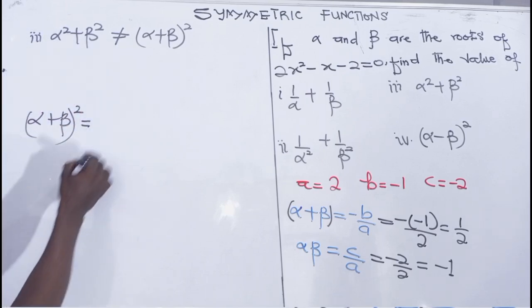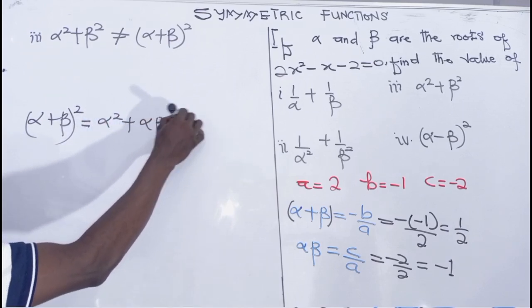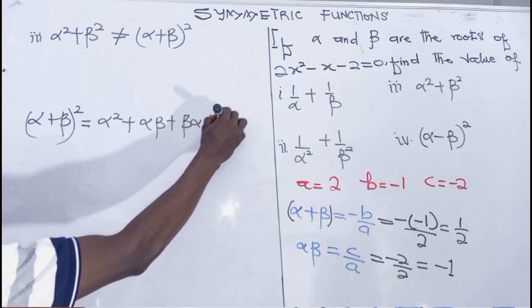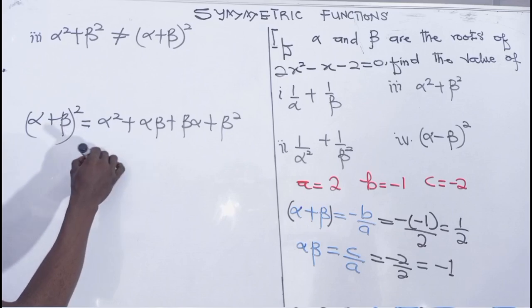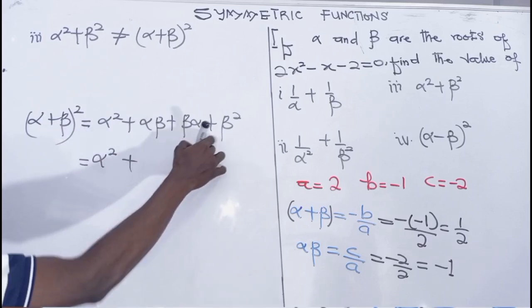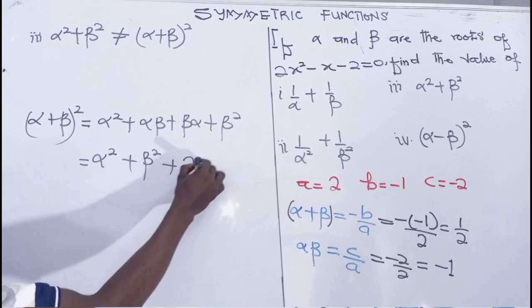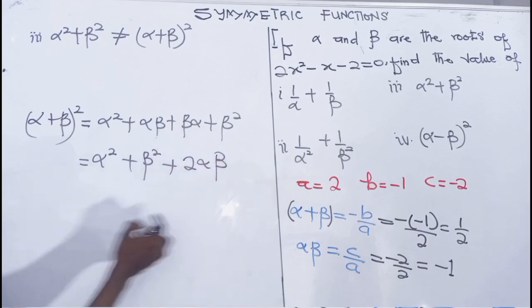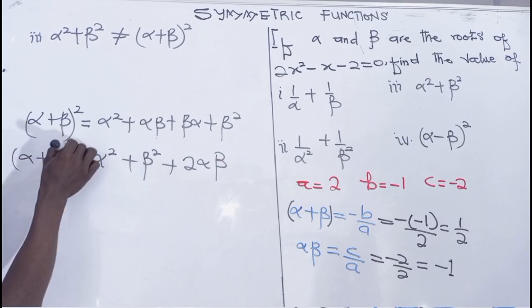So let's expand it. This is going to give us alpha squared plus alpha beta plus beta alpha plus beta all squared. Let's do some rearrangement. We have alpha squared plus beta squared. This and that will give us 2 alpha beta, and this is equal to alpha plus beta all squared.